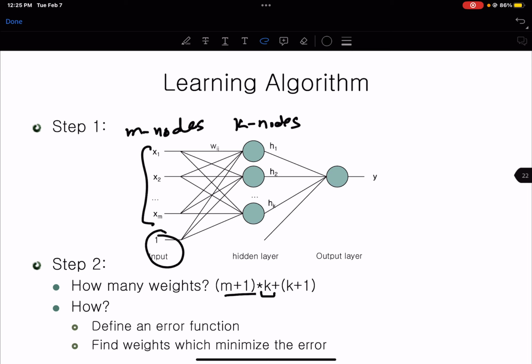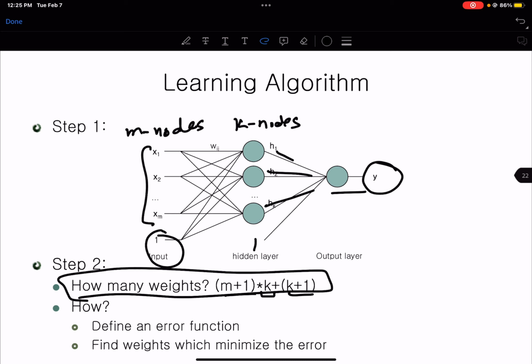And then for the output y, if we only have one node, we will require at least k plus 1 weight values. So these are the number of weights for a simple multi-layer perceptron with one output neuron.